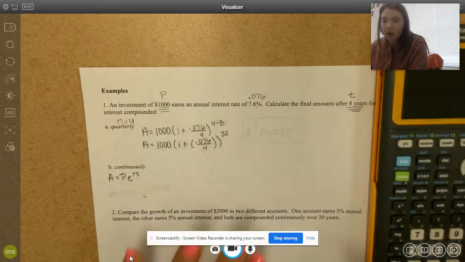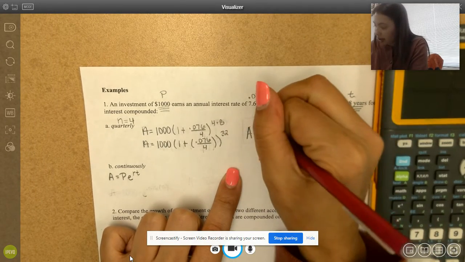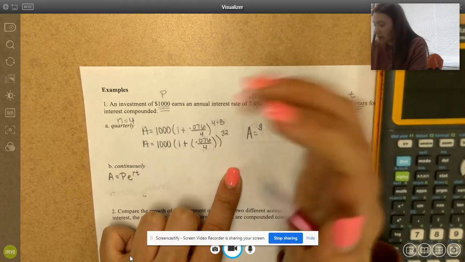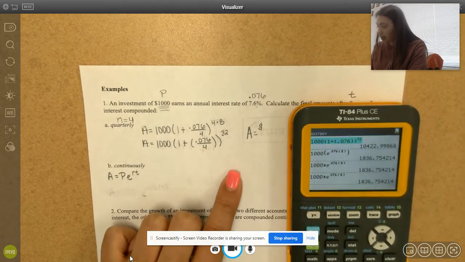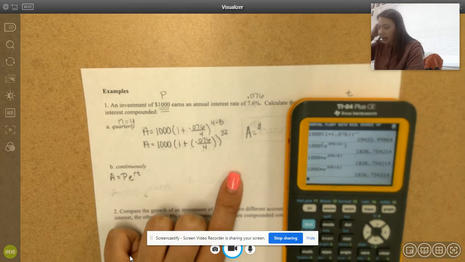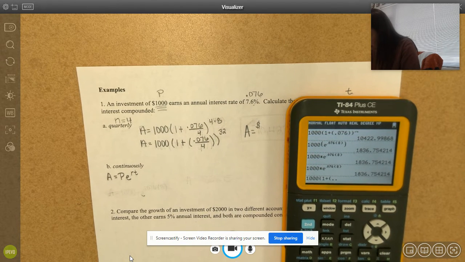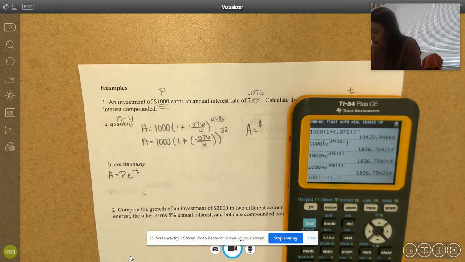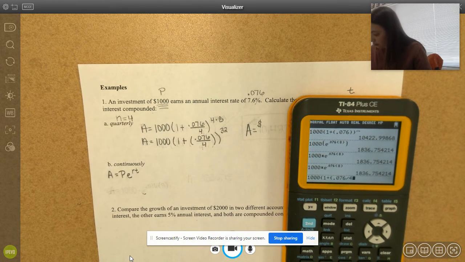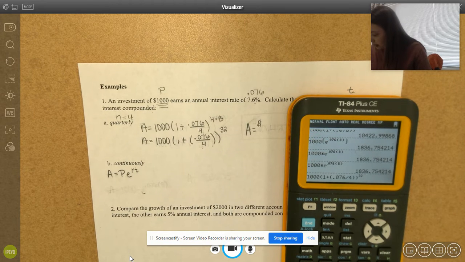Then we can write out our investment value after 8 years. Plugging this into our calculator: 1,000 times (1 plus 0.076 divided by 4), raised to the 32nd power.